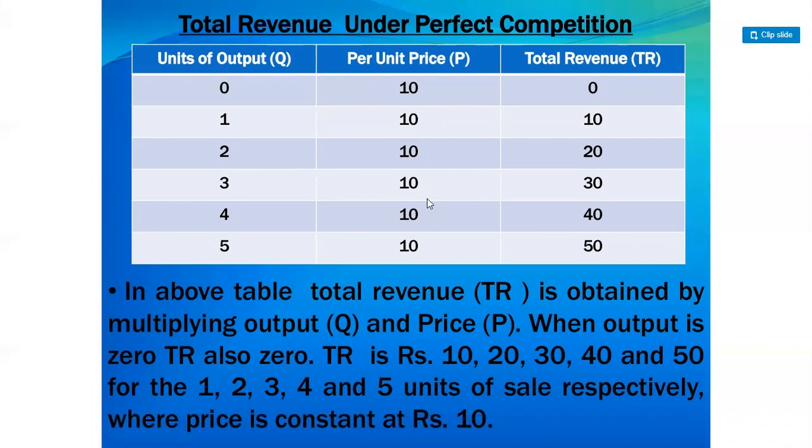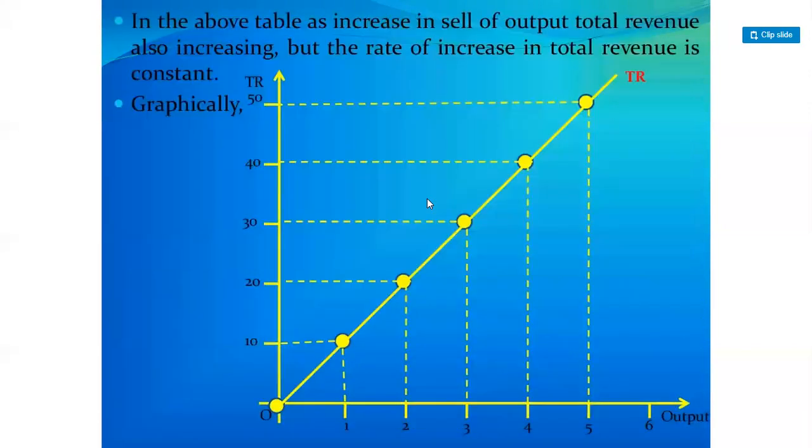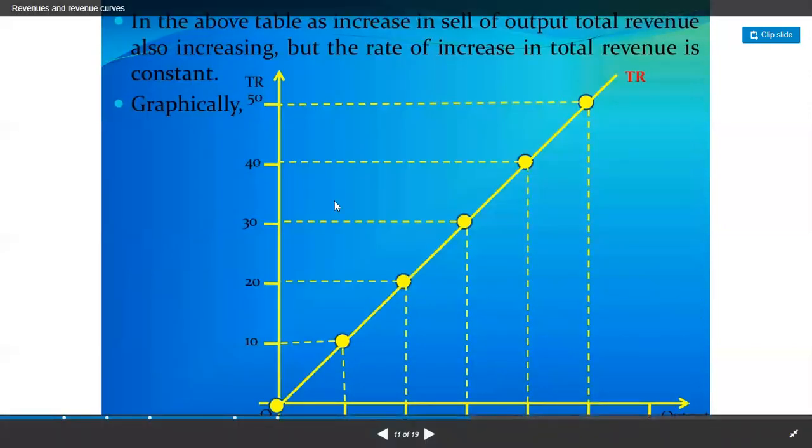When the output is 0, TR is also 0. When the output increases, the total revenue also increases. So this is the way. This table shows the total revenue as the quantity increases.